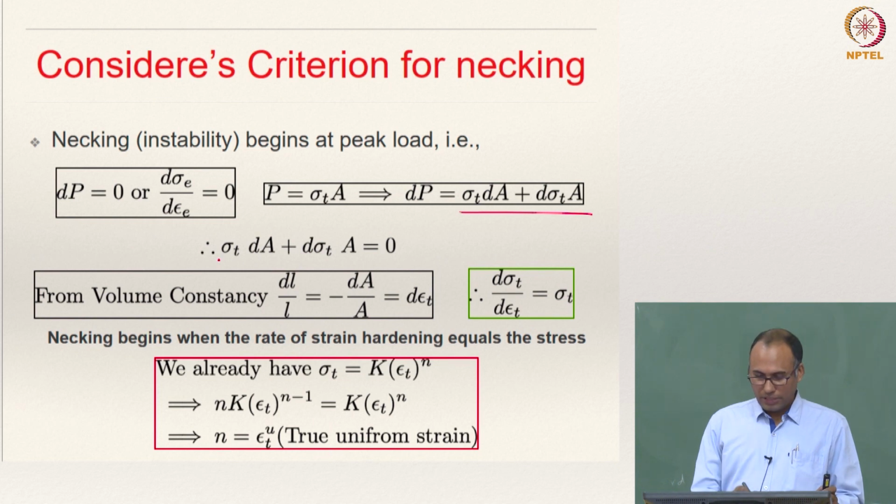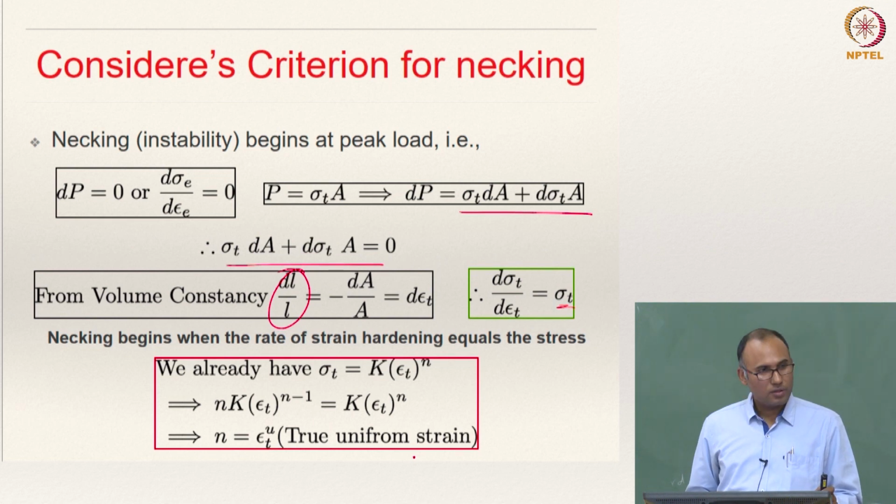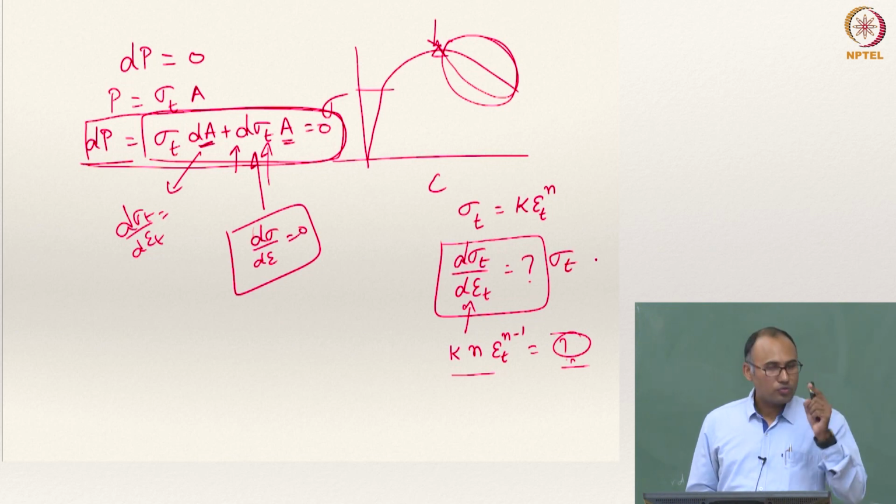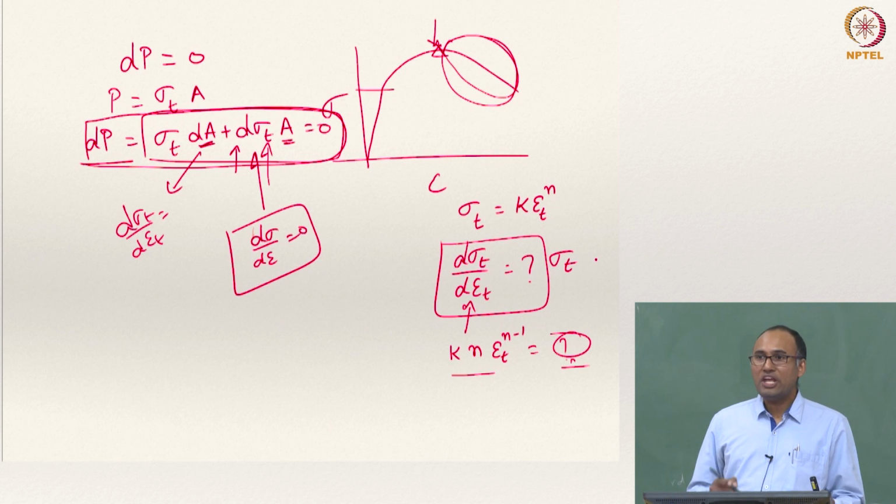So dP equal to 0, from volume constancy dL by L equals minus dA by A, that is d epsilon T, and then d sigma T by d epsilon T is sigma T. So the necking begins when the variation of true stress with respect to true strain becomes equal to true stress. That is when necking begins.